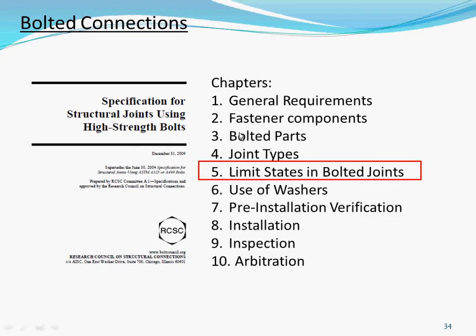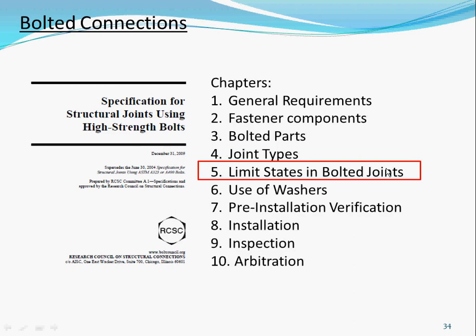Most of them deal with inspection and installation requirements: pre-installation verification, use of washers, joint type, bolt type, fastener components, and so on. All we worry about is the limit states in the joint. This is a strength calculation, and again, 360 has moved most of these equations into Chapter J, so you don't really need to go back and refer to this one for typical cases.